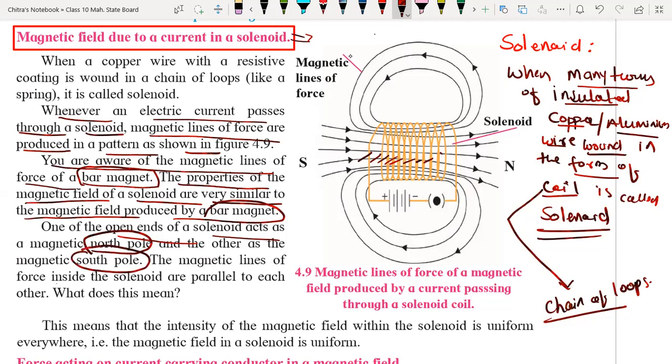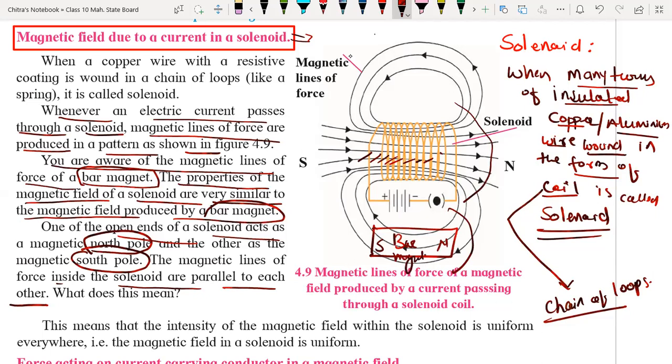The magnetic lines of force inside the solenoid are parallel to each other, similar to those inside the permanent bar magnet. Suppose we have a permanent bar magnet, here the south pole and here the north pole. The magnetic lines of force will be similar to the magnetic field produced by that bar magnet.